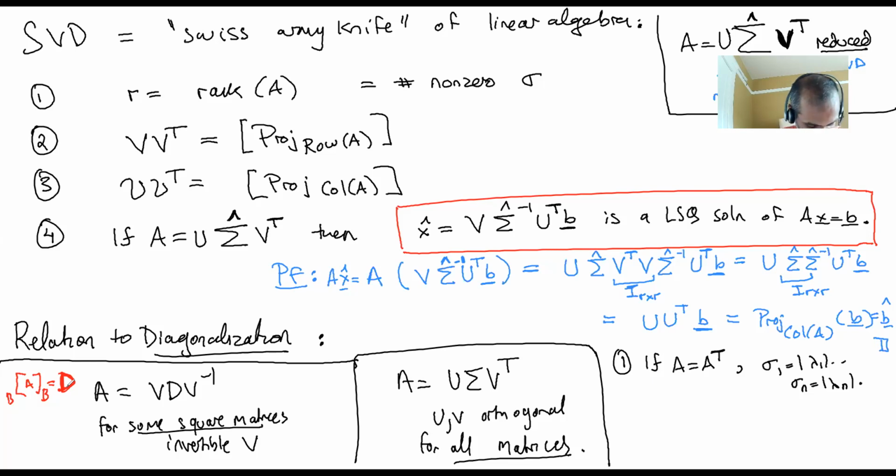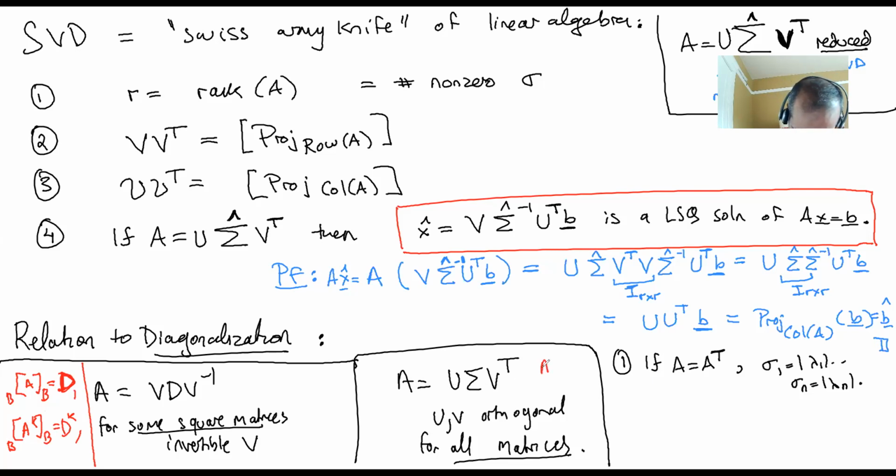And this has many benefits, right? For example, then you can do things like take powers, right? So these are some of the nice consequences of diagonalization. For SVD, you don't have that. The main weakness of SVD is you have two bases. You don't have one basis.